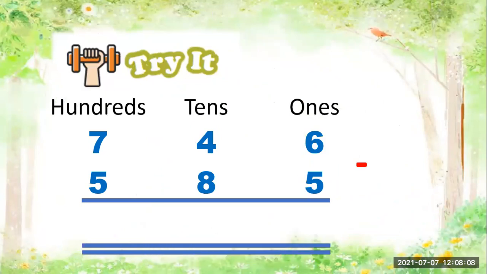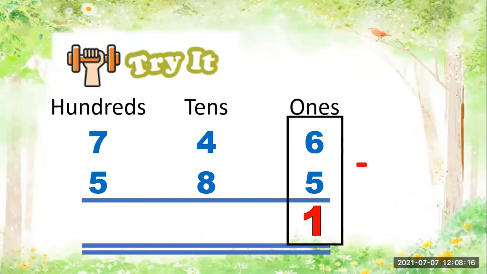So here we go. Let's try this one. We will start in the ones place. So 6 minus 5 is equal to 1. Very easy. It's like when you were in grade 1. Now here we go in the tens place. 4 is smaller than 8. How can we subtract? Okay, we will borrow from the hundreds place.